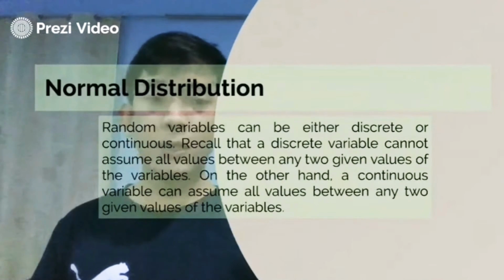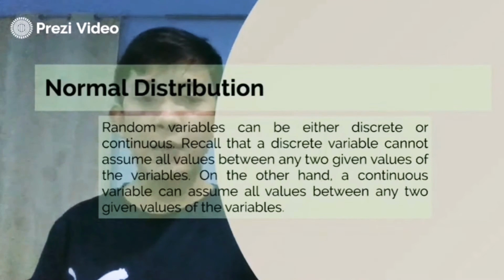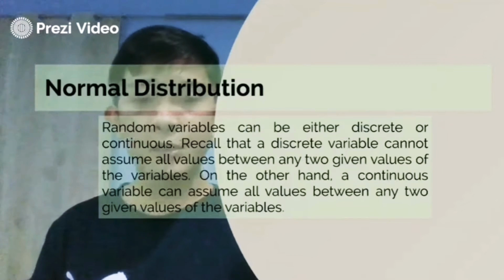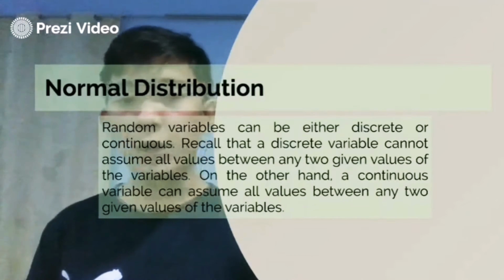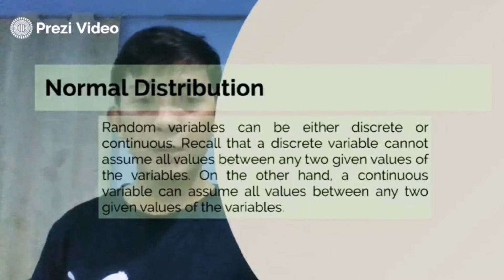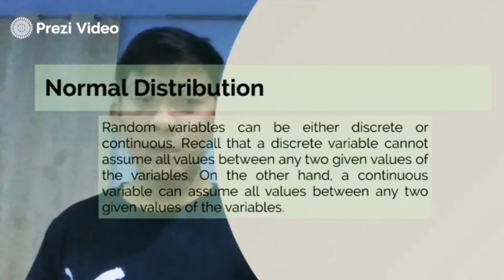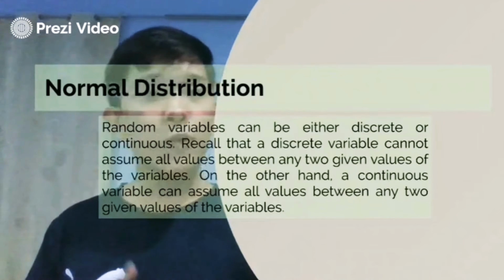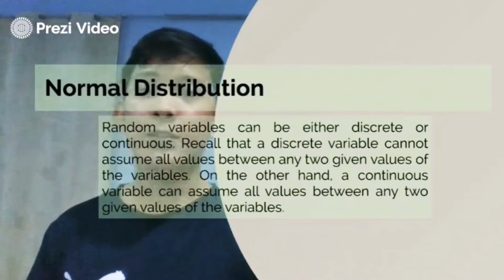To introduce the normal distribution, it involves random variables, which can be either discrete or continuous. We could recall that a discrete variable cannot assume all values between any two given values of the variable. A discrete variable is a variable whose value is obtained by counting.